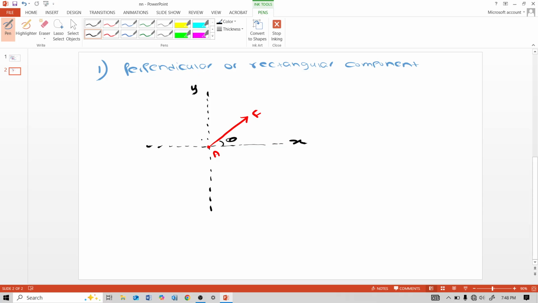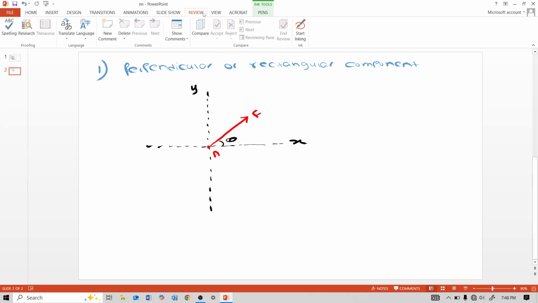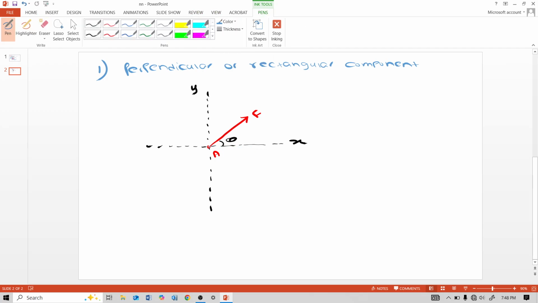So just split this force F into two components, as I told you recently. This will come as Fx and this will come as Fy.